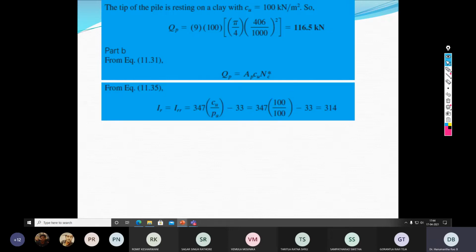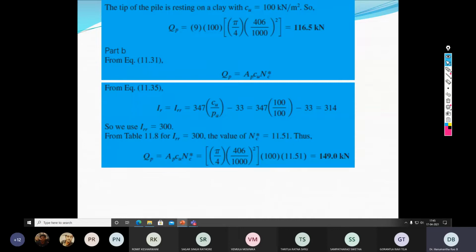Here the approximate equation that can be used for calculating Nc star uses Ir or Irr. As per Vesic, Ir equal to Irr equal to 347 into Cu by Pa minus 33. This method also restricts Ir or Irr to 300; it should not exceed 300.